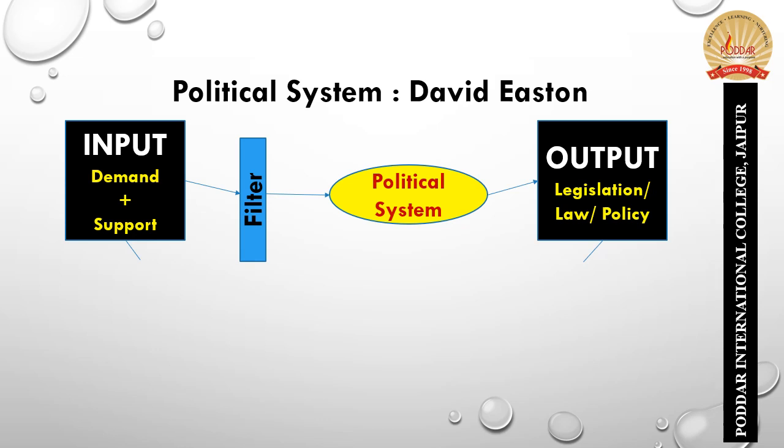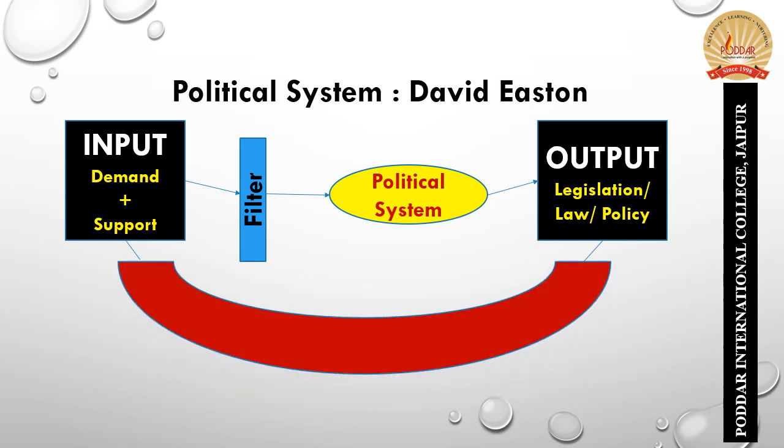It decides the capability and caliber of a developed or developing political system. Outputs can be divided in two parts: official output and associated outputs. After this process, input comes to the political system with filtering, and the political system converts our inputs into outputs like legislation, law and policies.